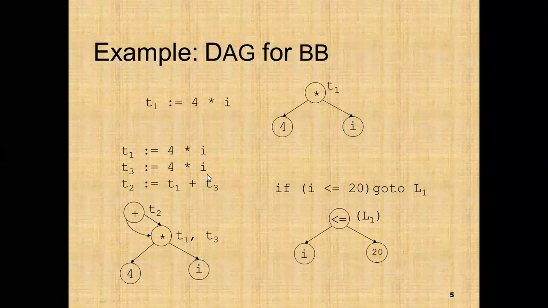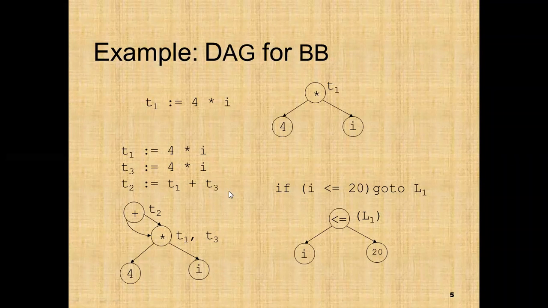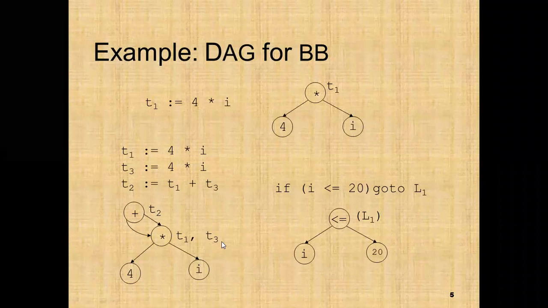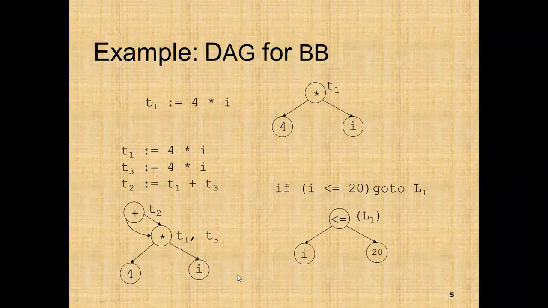Now you can check, 4 star I, 4 star I again. So no need to write 4 star I again and again. Just put the comma and write T3. If there is again a repetition, maybe T4 is again 4 star I, then you can just put the comma and write T4 again.